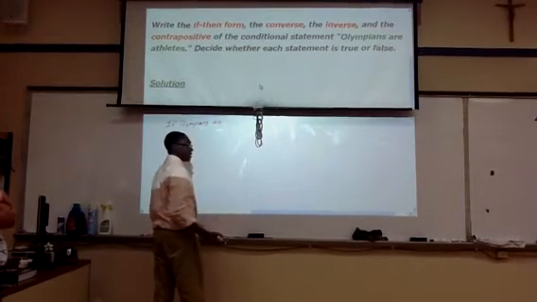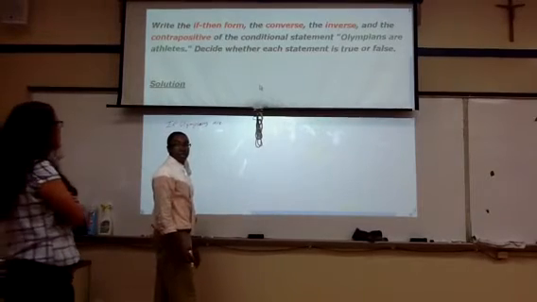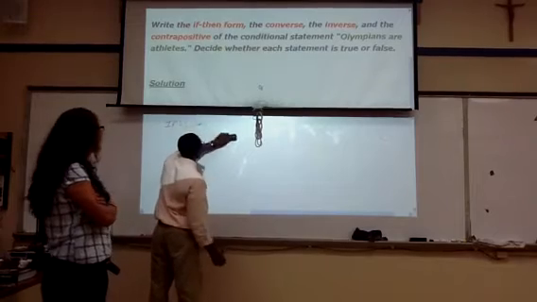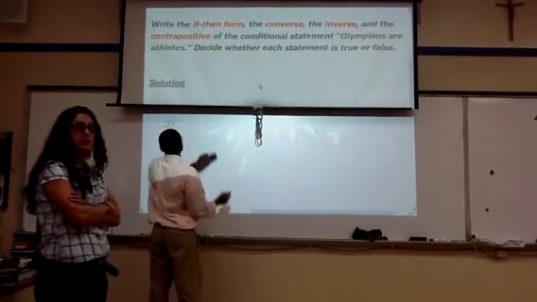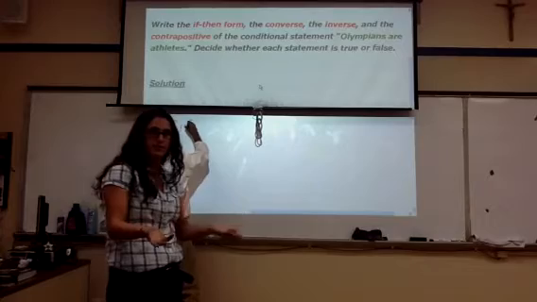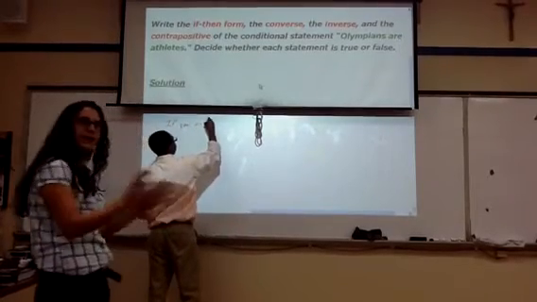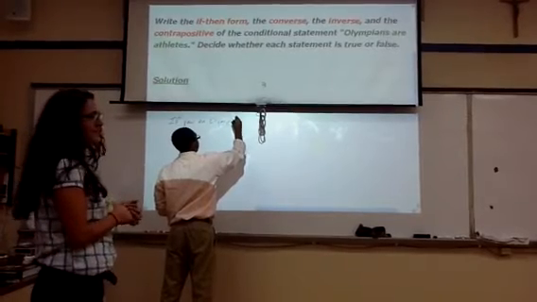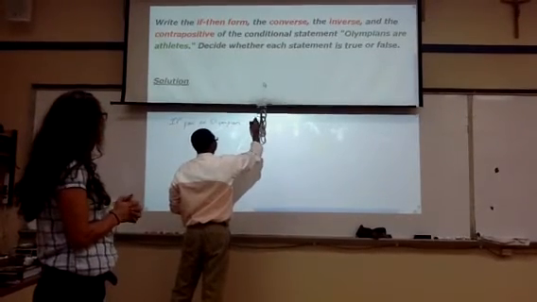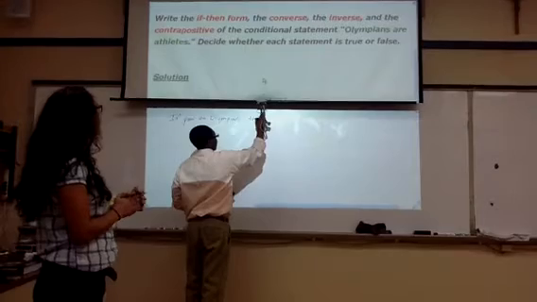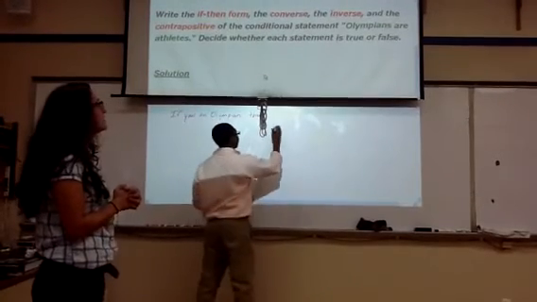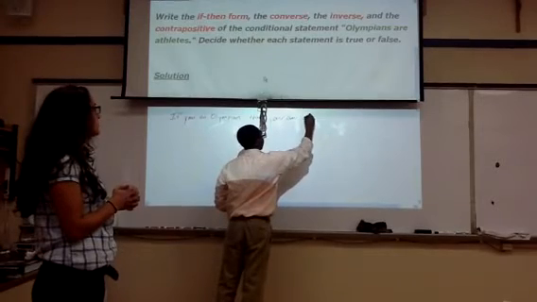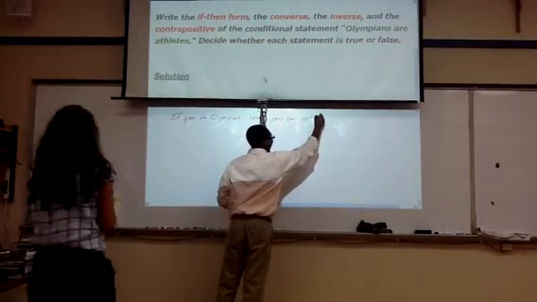We're talking about Olympians. So if you are an Olympian, then you're what? There we go. If you're an Olympian, then you're an athlete. So that could be our original. Sometimes you may have to reword these for them to make sense, but that's okay. If you're an Olympian, then you're an athlete, right?